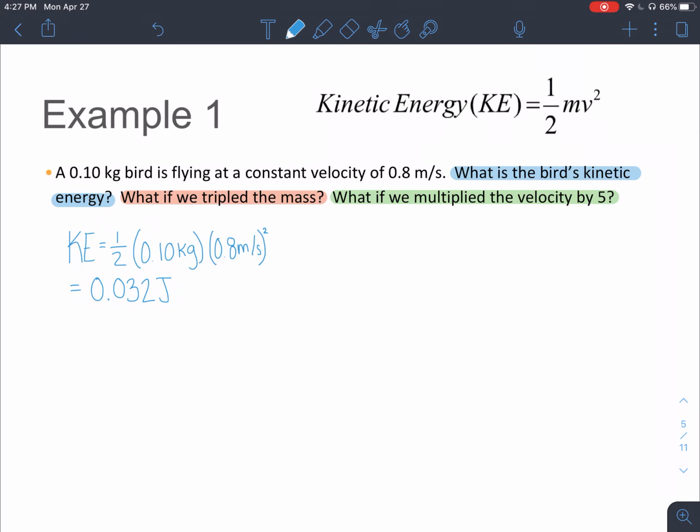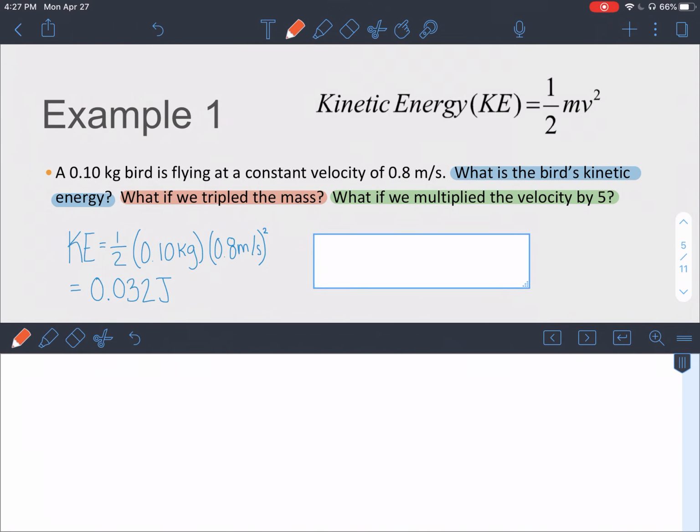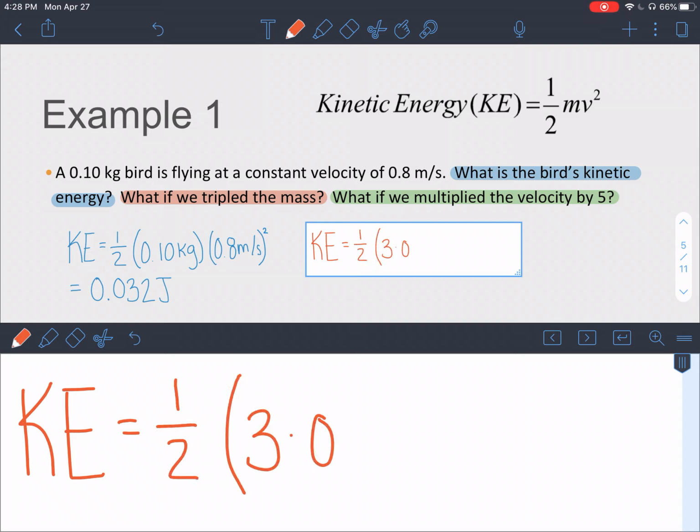All right, now let's move on to the orange. So everything will be very similar, except we are tripling the mass. So we can either plug in 3 times 0.1 or just type 0.3 in.